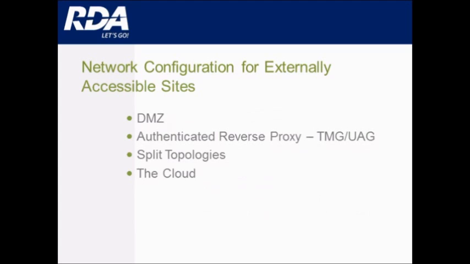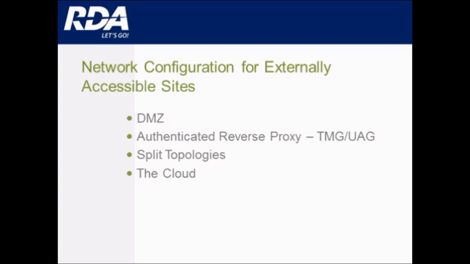From a network perspective, there's a number of different topologies that you can use to protect your SharePoint farm. For those of you who are just using SharePoint internally, you typically just run the SharePoint inside of your corporate network. Many of you who are trying to expose it publicly have a few options.